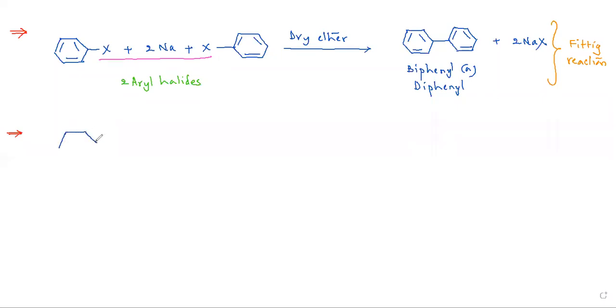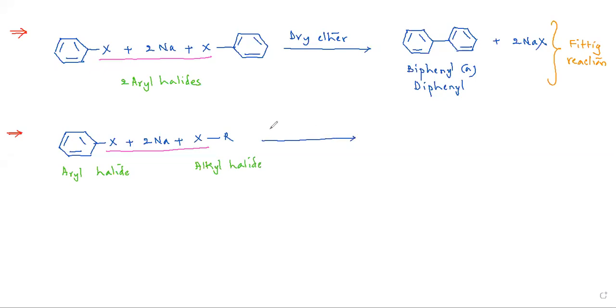Now, if suppose we take one aryl halide and one alkyl halide, in the presence of dry ether again, we get alkyl benzene.